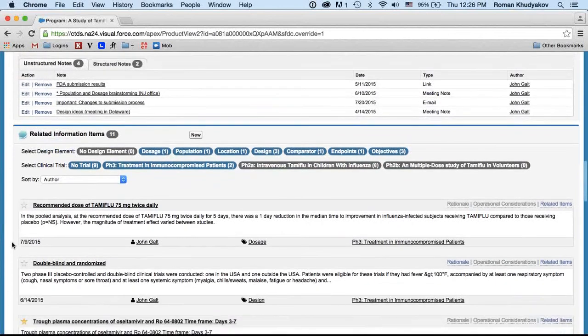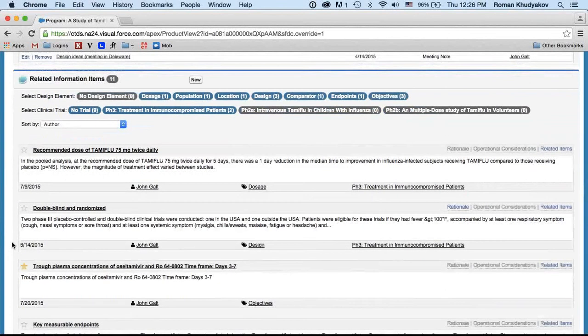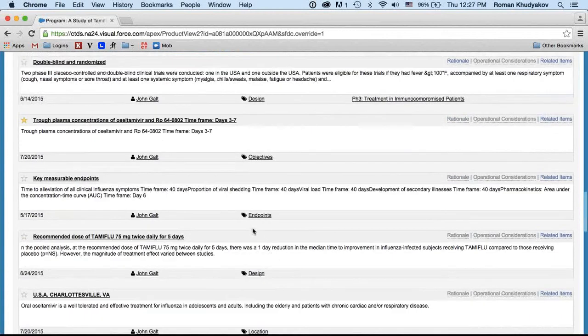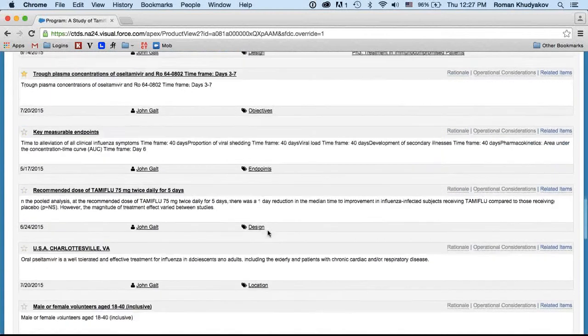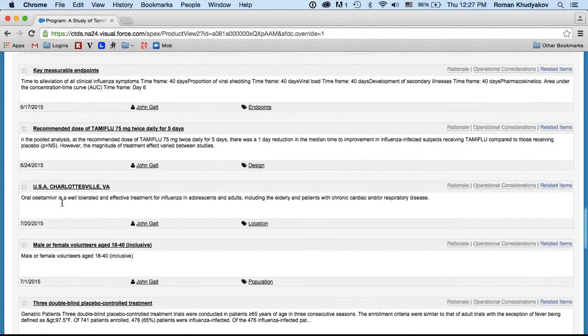Below, under the notes section, you can see all our information items or decisions. So this is what we have already agreed in dosage, in design, in our objectives for a clinical trial, in our measurable endpoints, in location. So you can see that we have agreed to conduct a study in USA.